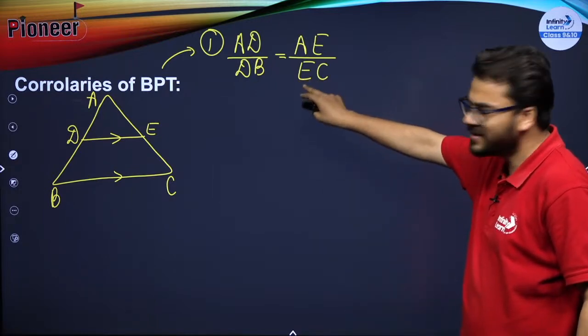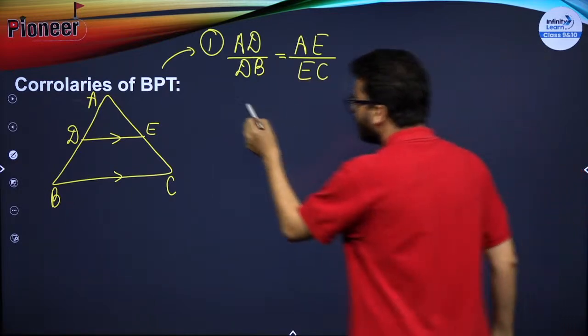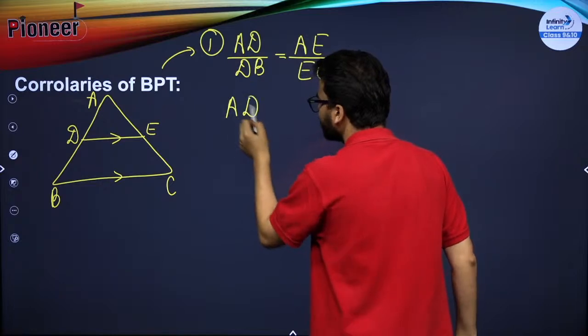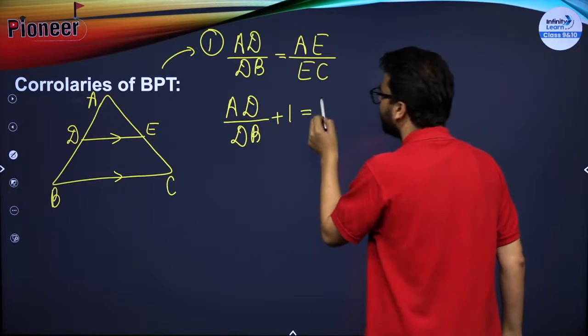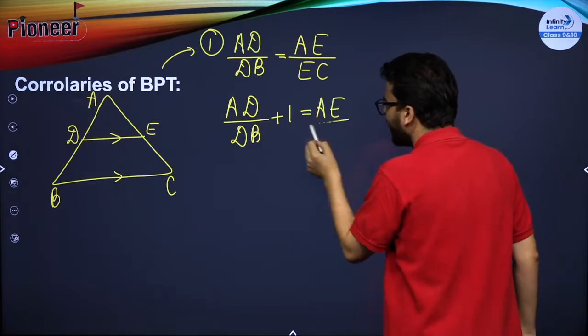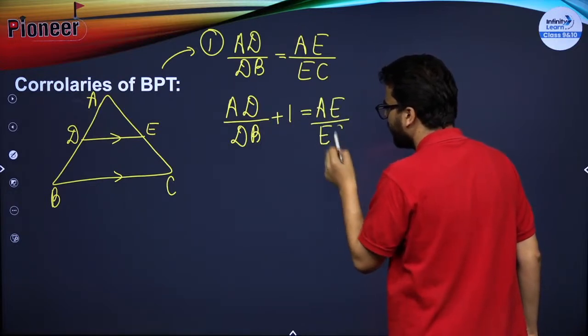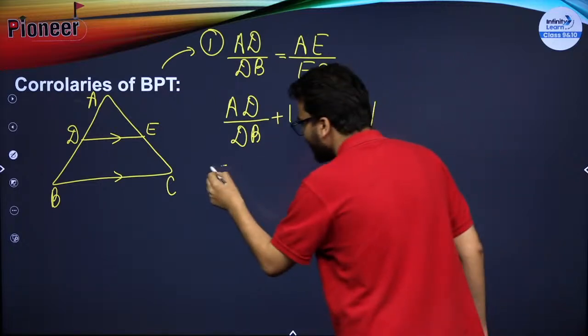Now in this result only, can I add 1 on both the sides of this equation? So this is AD by DB plus 1 equals AE by EC plus 1. Now can I take the LCM of the denominator?